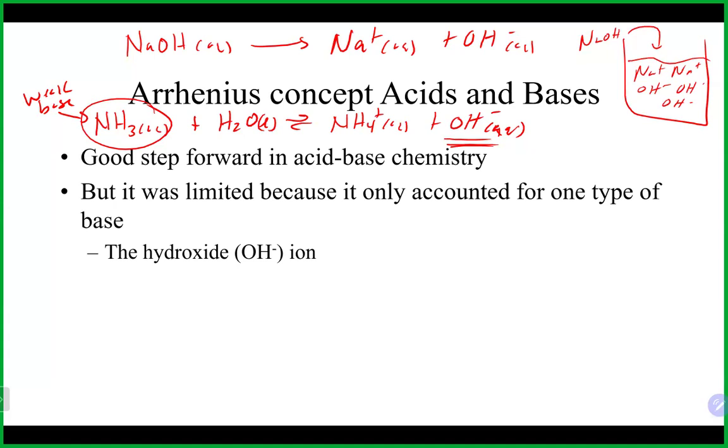And they have the hydroxide, so all they have to do is go into the solution. They're going to release the hydroxide, and it's going to make it a really strong base. Like I said before, ammonia here has to go and do a little reaction to produce that hydroxide, and it's a much weaker base, but because it's still able to produce hydroxide, it's still considered a base in this case.